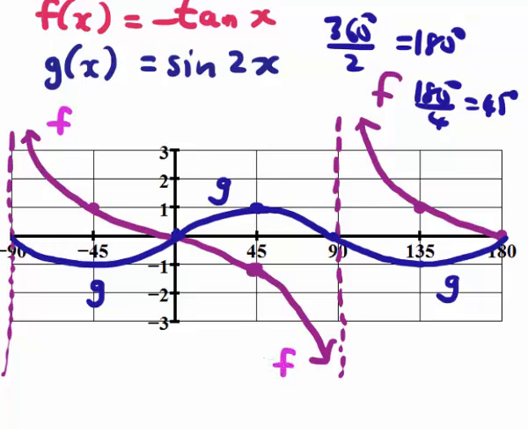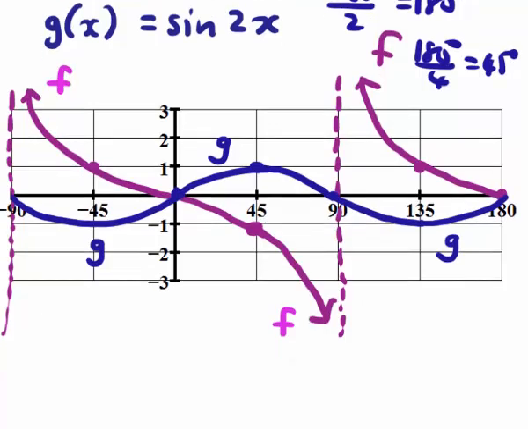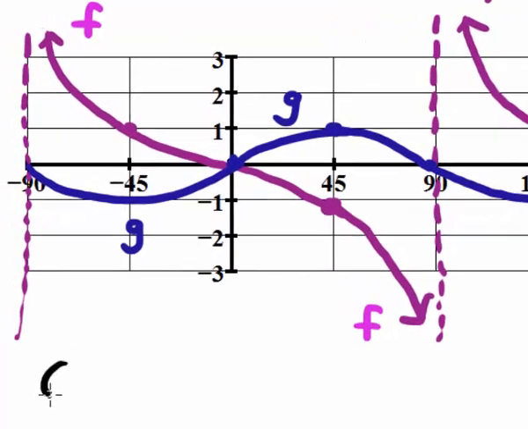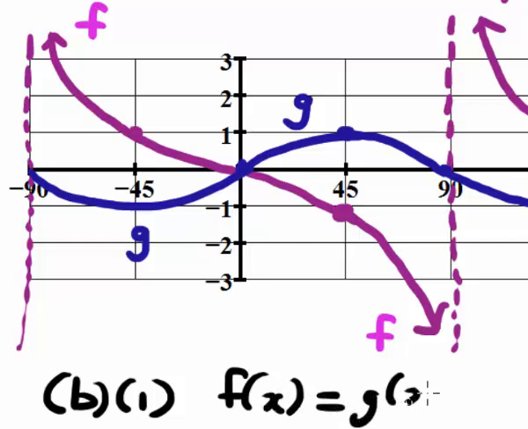Now I'm going to ask you some interpretation type questions on this, typically in the spirit of the way they ask it in the matric final. I want to keep those graphs there. The very first question, this was of course A, so we'll call this B1: determine graphically the values of x for which f(x) = g(x).